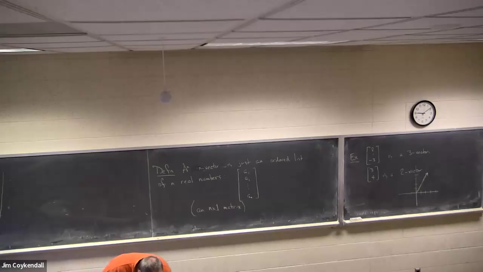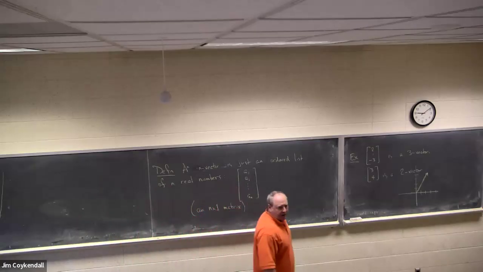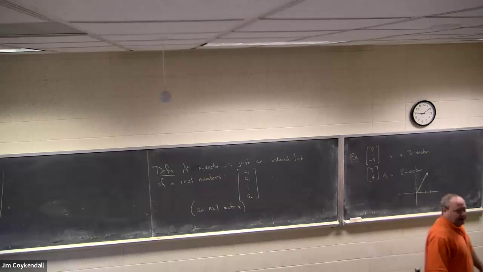So the n-vector, in more generality, has n entries in it, corresponding to n-dimensional space. You may think that I'm making this up past dimension 3, but I'm not, because there's lots of things, for example in robotics, when you have a robot that has lots of degrees of freedom for its various appendages, its arms and its legs, you might need a 10-dimensional vector to represent everything that's going on.